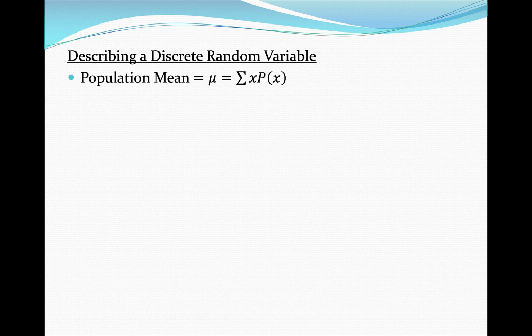Mu is the symbol for the population mean. Most of the time in statistics, what you'll find is that we use the Greek alphabet for population values or for parameters, and we use the Roman alphabet for sample values or statistics. So you can see that for the mean, mu is used for the population, x bar is used for the sample.